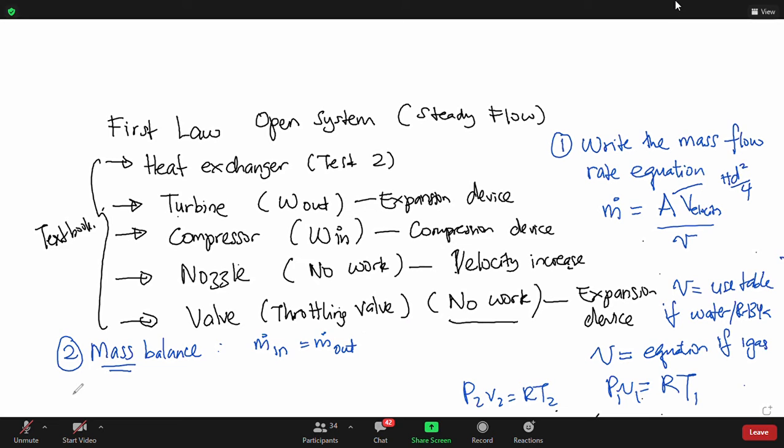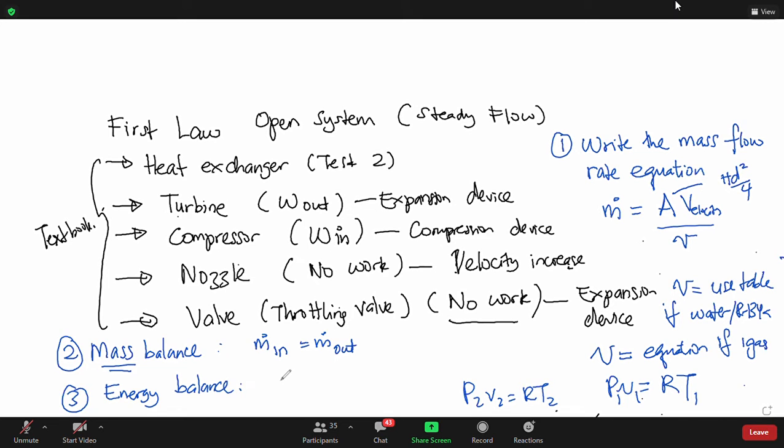And what is the next equation? Forget about this long equation. Read the problem. Does it say neglect changes in kinetic energy? If it says that, okay, so you don't have to worry about that.